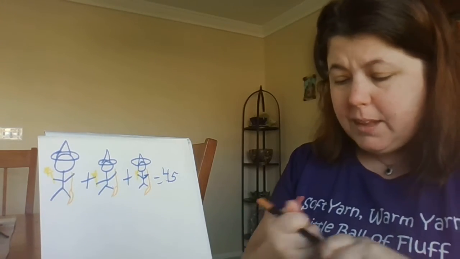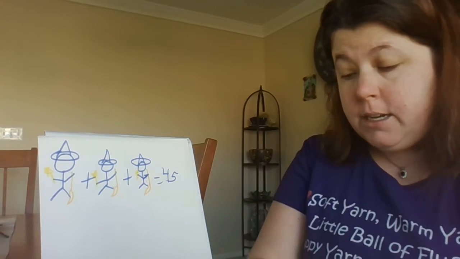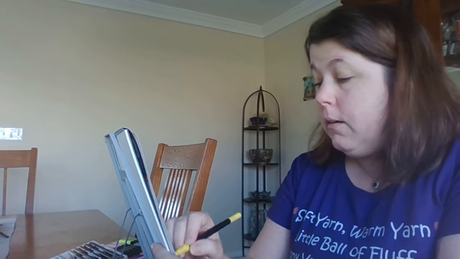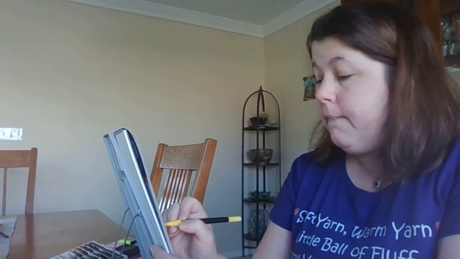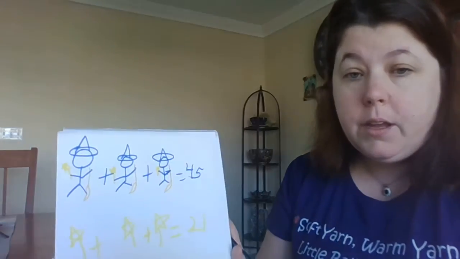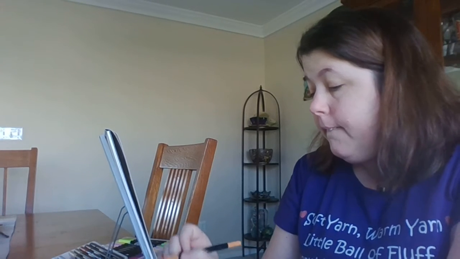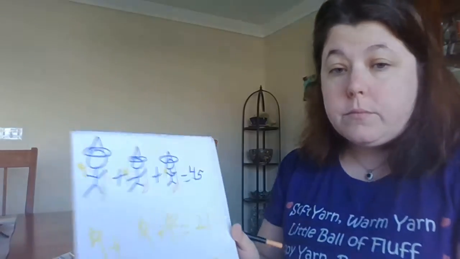All right. The next one states that 3 star wands equals 21. And then on the bottom, it tells us that there are some brooms, and that equals 12. All right.